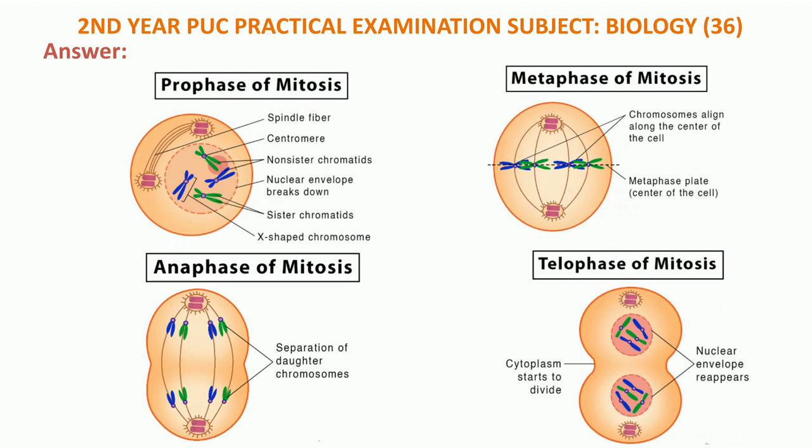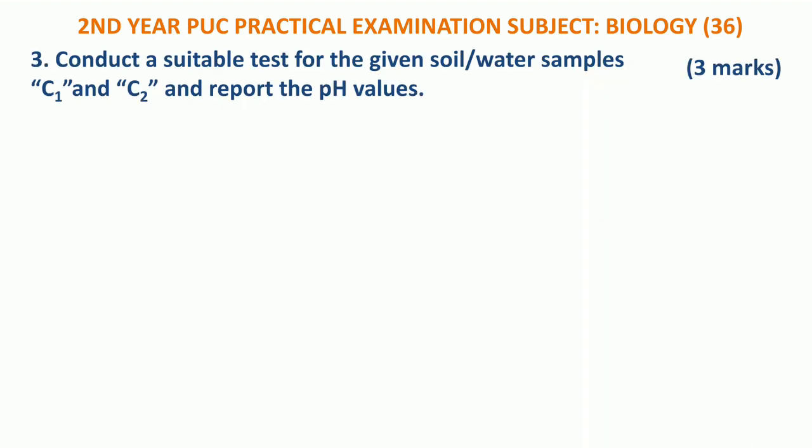Out of these four diagrams, you should draw any one, but don't forget to mention the heading of the diagram, because slide preparation carries 3 marks. By mentioning the heading, either prophase, metaphase, anaphase or telophase of mitosis, you will get 1 mark, and for the labelled diagram you will get 1 mark, totally 5 marks.